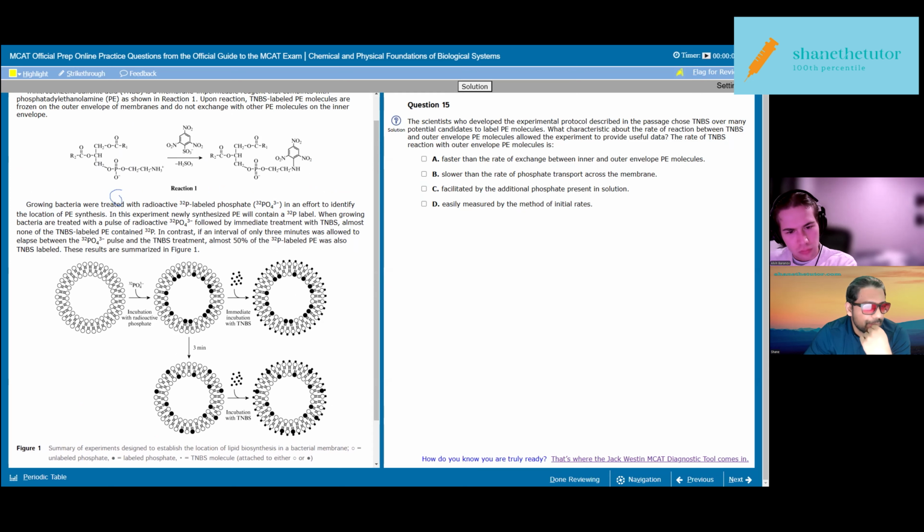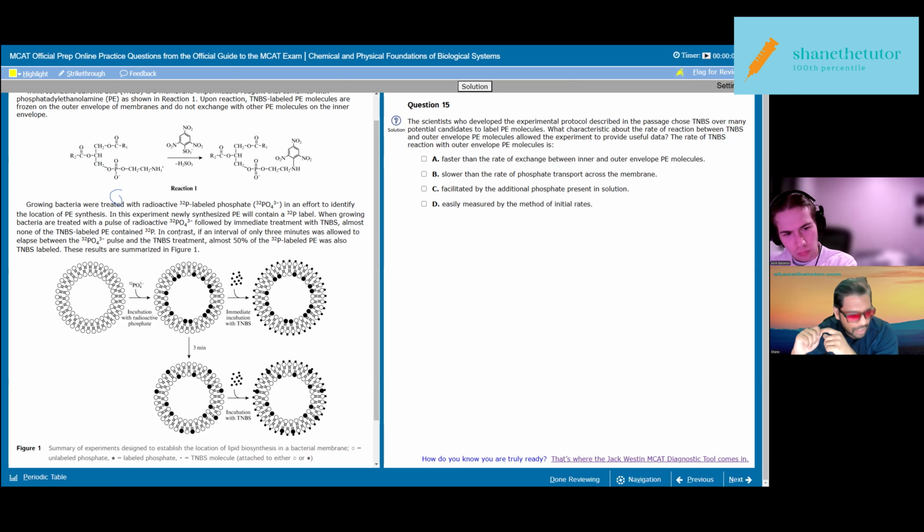I wonder why. And in contrast, if an interval of only 3 minutes was allowed to elapse between the pulse and the treatment, almost 50% was also labeled.